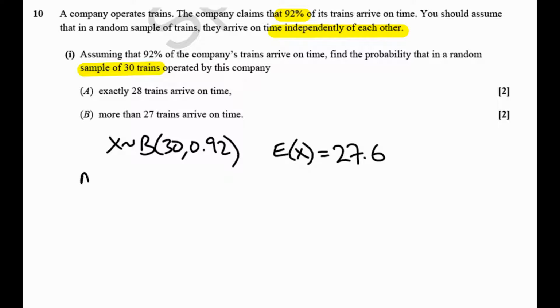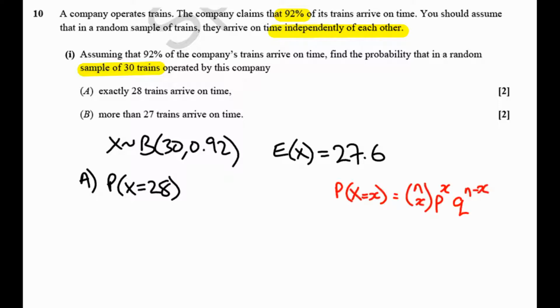All right, so A, probability that X equals 28. So an exact probability. You can type that into your calculator using BPD, or we can work it out the long way around. So this is basically what we're going to substitute into, where n is 30, p is 0.92.